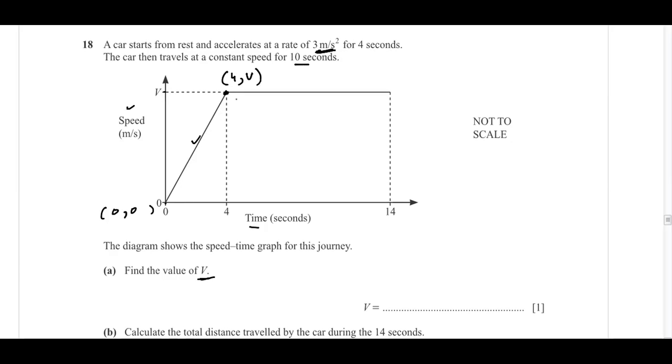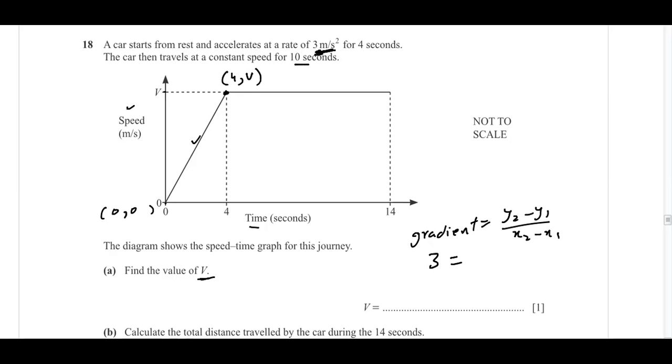If I take the gradient from this, the formula of the gradient is y2 minus y1 over x2 minus x1. And we know that the gradient of the line in a speed time graph gives us acceleration. It is given that the acceleration is 3.